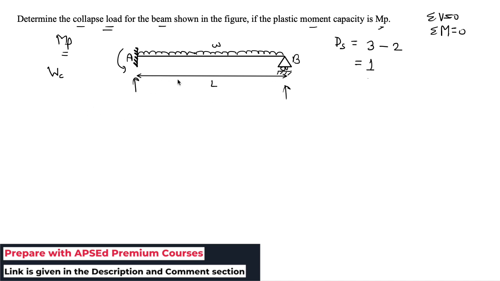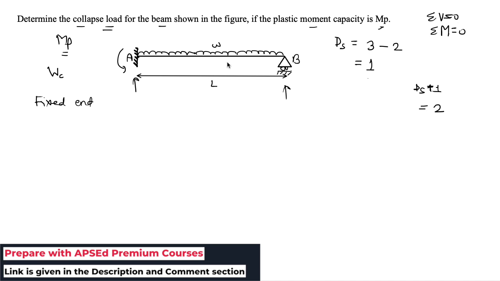Now for the failure of this beam, there has to be ds plus 1 plastic hinges. So there have to be two plastic hinges for the mechanism to form, or for this beam to fail, we can say. So one of the plastic hinges will form at the fixed end, and another plastic hinge, as the uniformly distributed load is applied, can form anywhere on the span.